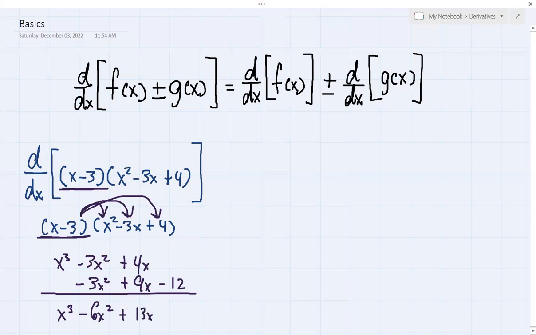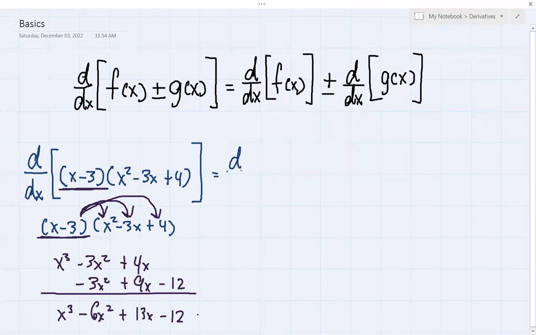Tama ba? 9, 10, 11, 12, 13. Tama, tama. Then, we have negative 12. Isa lang siya, so we're just going to leave it as it is. Kumbaga, binaba down ko lang si negative 12. So therefore, ito na yung magiging expanded form mo.